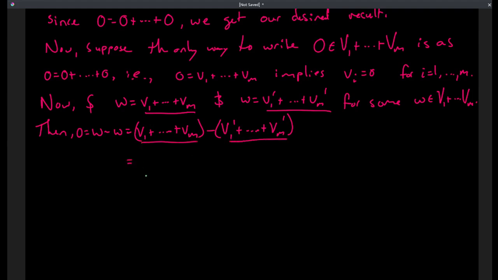Okay, now this is equal to, I should get rid of those bars so no one thinks I'm doing division. This here is equal to, well, now I'm just going to do a little bit of grouping. So V1 minus V1 prime plus dot dot dot all the way up to Vm minus Vm prime.